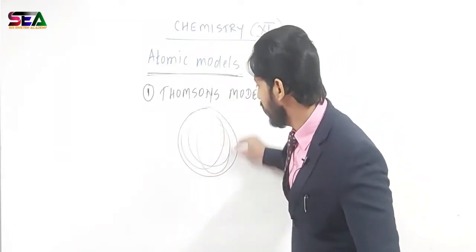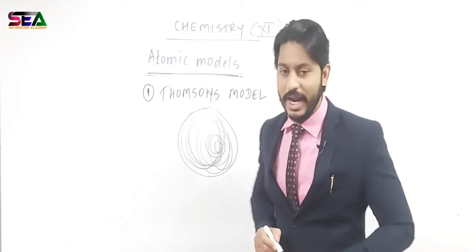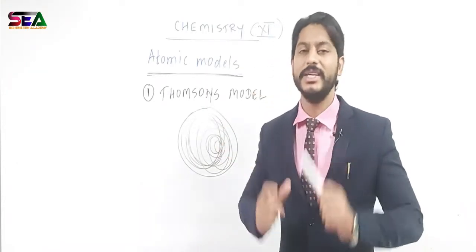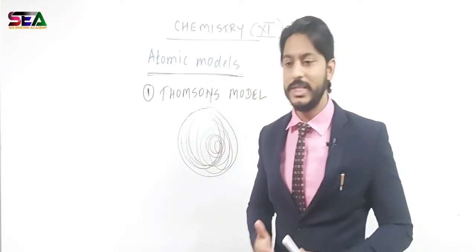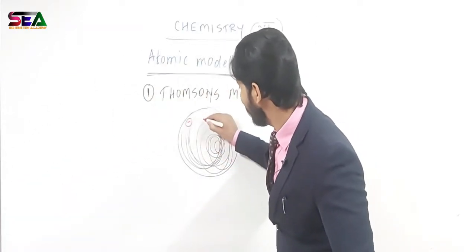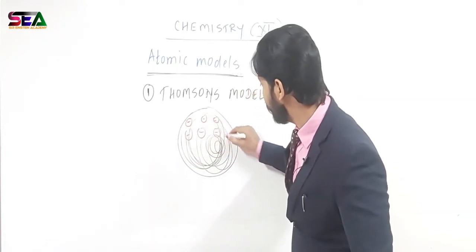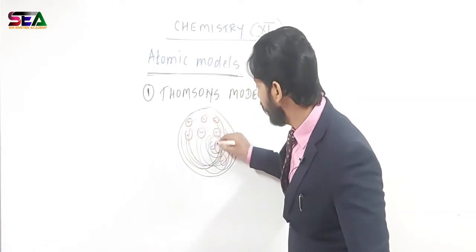Alright? And negatively charged particles, which were obviously electrons, are simply embedded inside the cloud of positive charge. You can simply see the diagram over here.